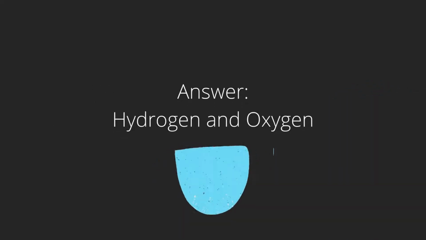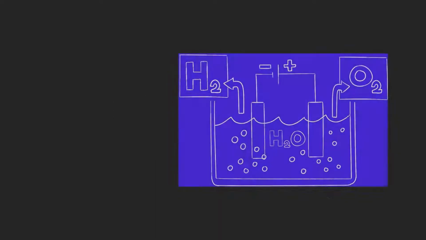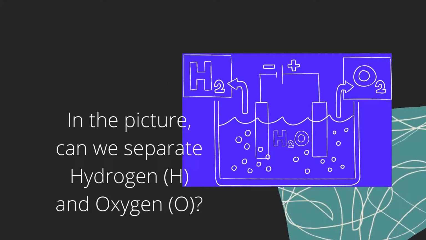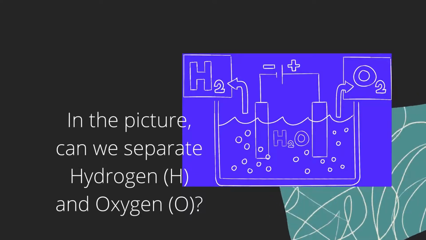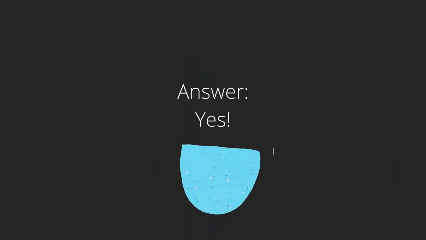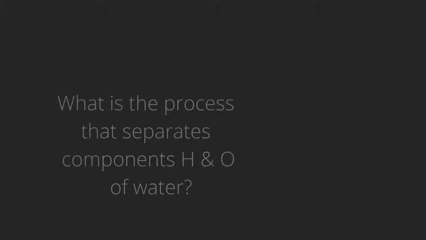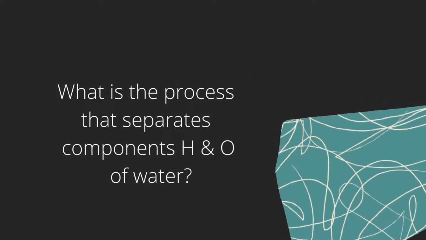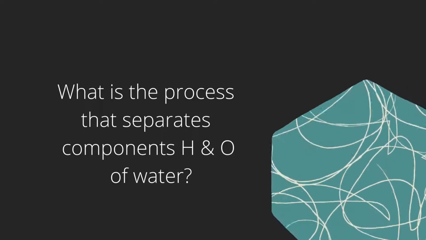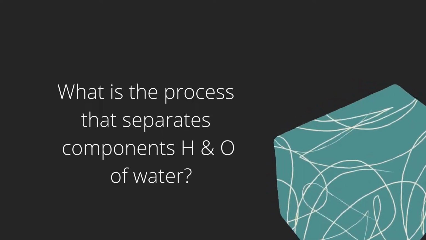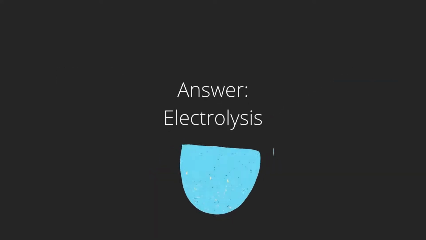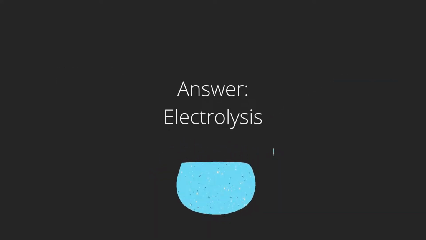That's right. In the picture, can we separate hydrogen from oxygen? That's right. What is the process that separates components H and O of water? Perfect! I knew you'd get it.